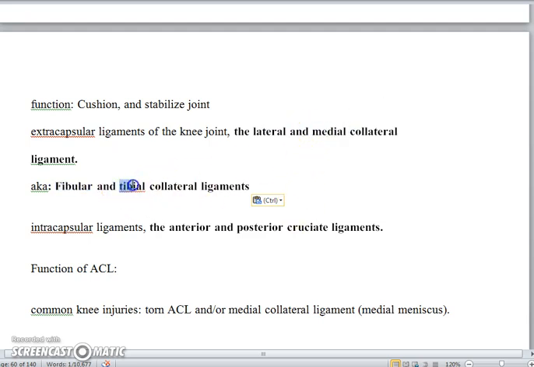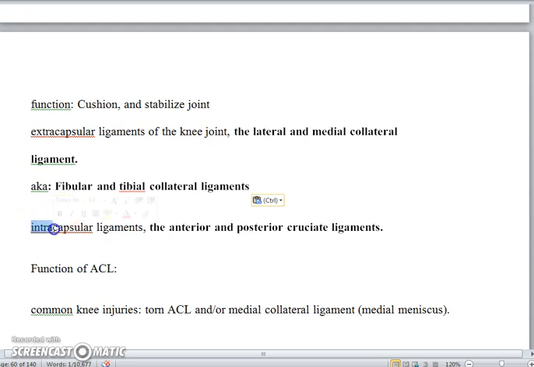Your book calls it both in various places. In your book, there are two pages that are just pictures of the knee joint. Check that out. I think they call them fibular and tibial collateral ligaments on the pictures. Those guys are on the outside of the joint capsule.